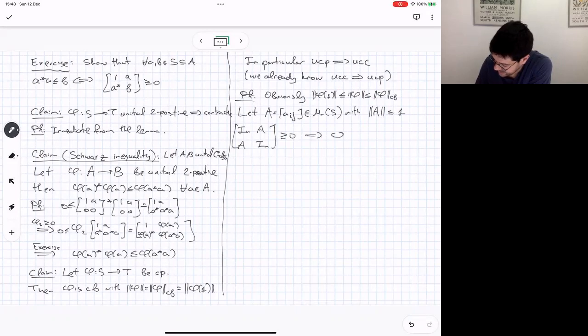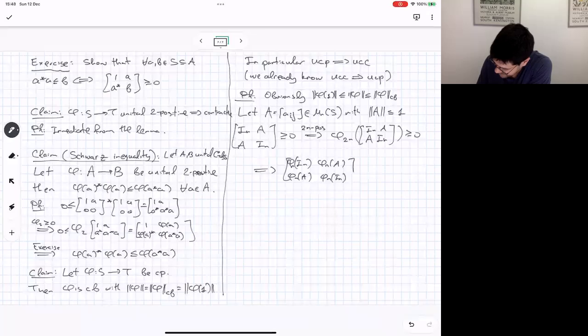Because of 2n positivity, we know that phi_2n of this will be positive, namely that the matrix with phi_n of I_n, phi_n of A, phi_n of A star, phi_n of I_n is greater than 0.